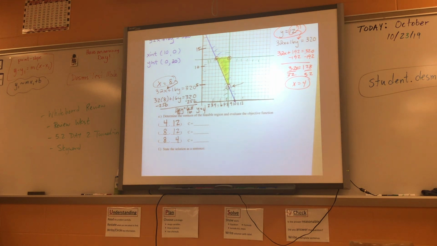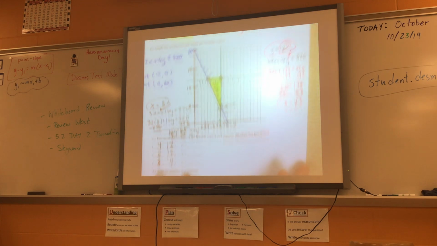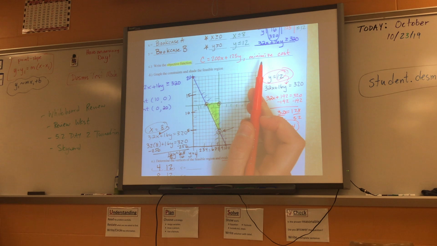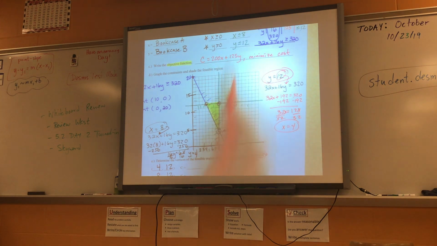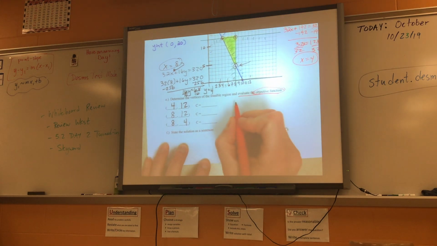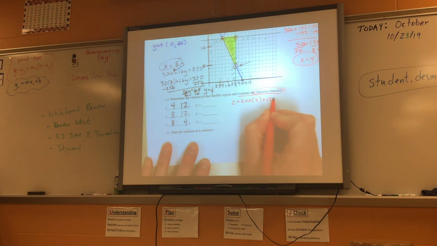So the next thing we're going to do is take these values and evaluate them in the objective function. Ooh, what was that again? The objective function right here. What was our objective? It was to minimize our cost. So we're going to take these numbers and see which one of these minimizes our cost. So cost equals 200 times 4 plus 125 times 12.